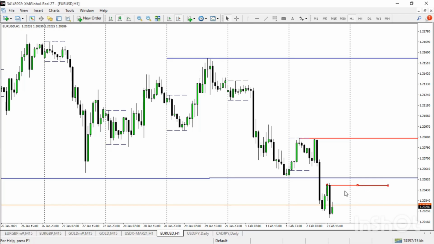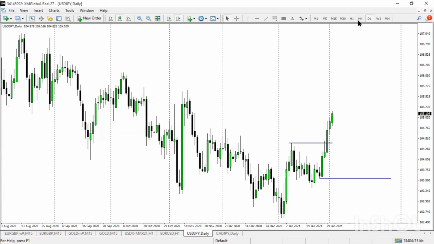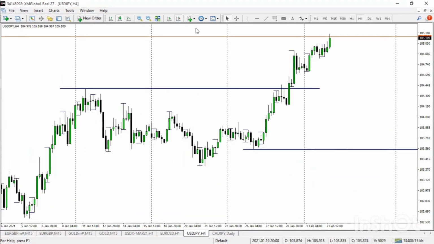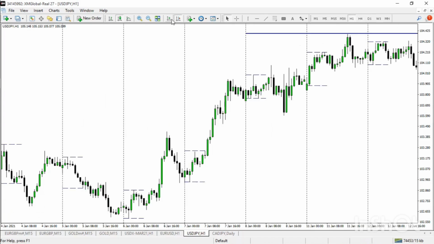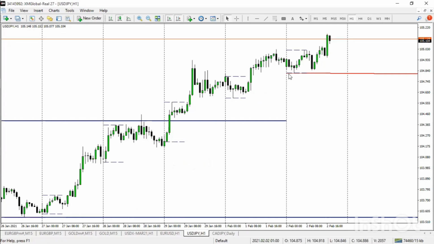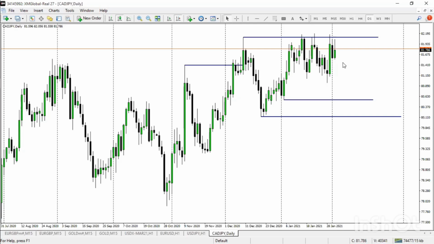And then UJ 4 hour, bullish. Higher high, higher low, higher high, higher low, higher high, higher low. This is the last swing high, last higher low, so also bullish. 1 hour, also bullish. CAD JPY daily is in a range.